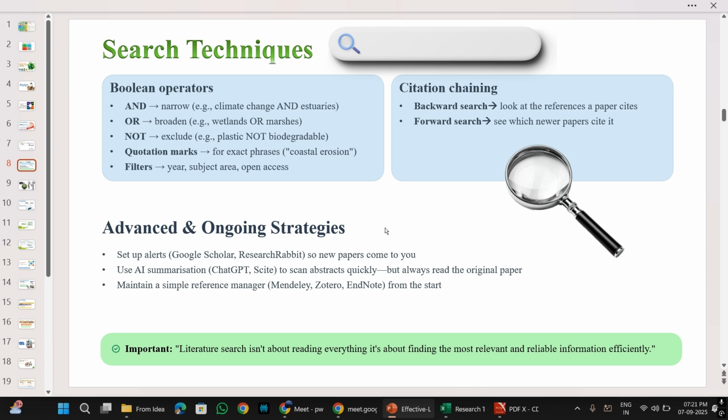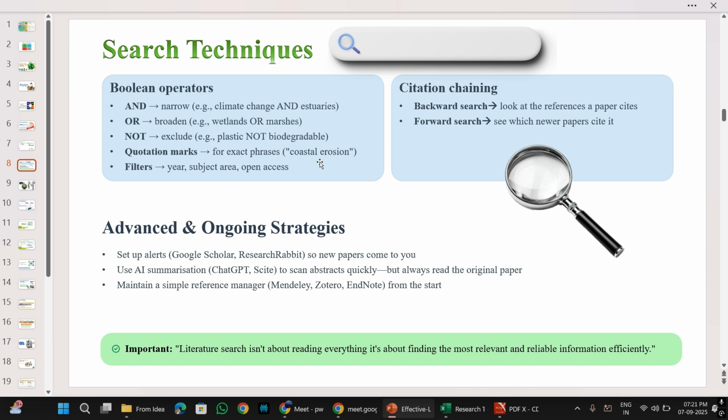Besides that, use quotation marks in association with this and, or, and not. You can also use quotation marks within which you will embed your keywords. For example, if I want to study coastal erosion, I want to find all those papers which have compulsorily coastal erosion. Then I will put them into quotation marks, and then let's say "coastal erosion" in quotation marks and "estuary", right?